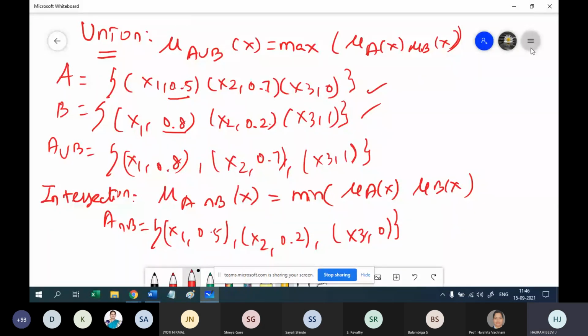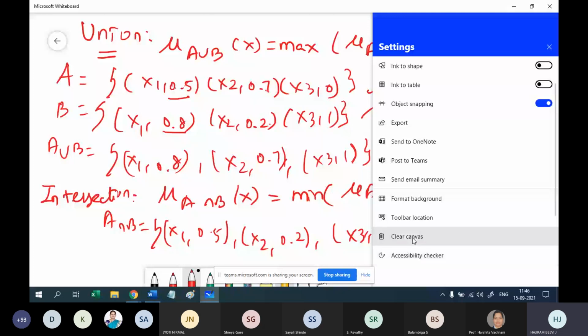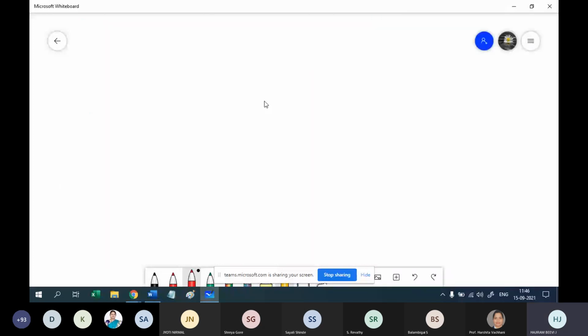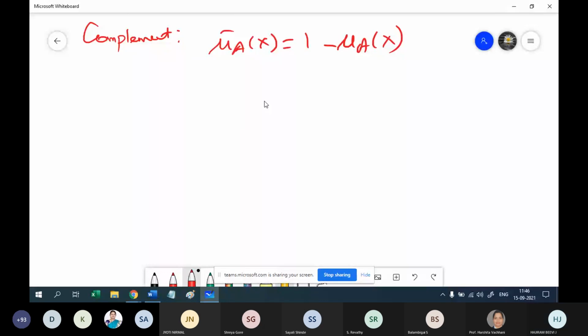These two are important operations. The next one is complement. Complement means A bar of x is equal to 1 minus A of x. Here the A values are x1 0.5, x2 0.7, x3 0.